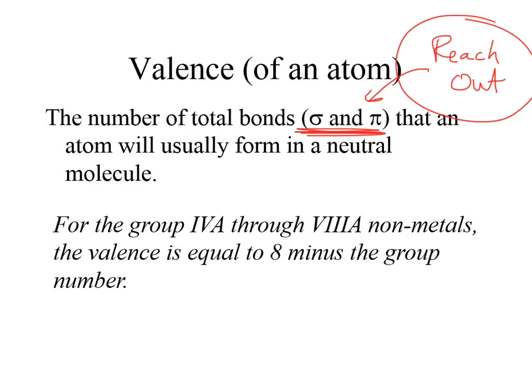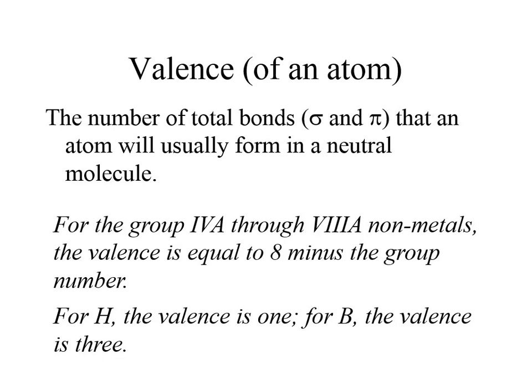So if we pick on carbon, actually, it's the next slide. The expected valence for hydrogen is 1. Now this will have applications in drawing your structures for Thursday. So hydrogen only wants to reach out once.